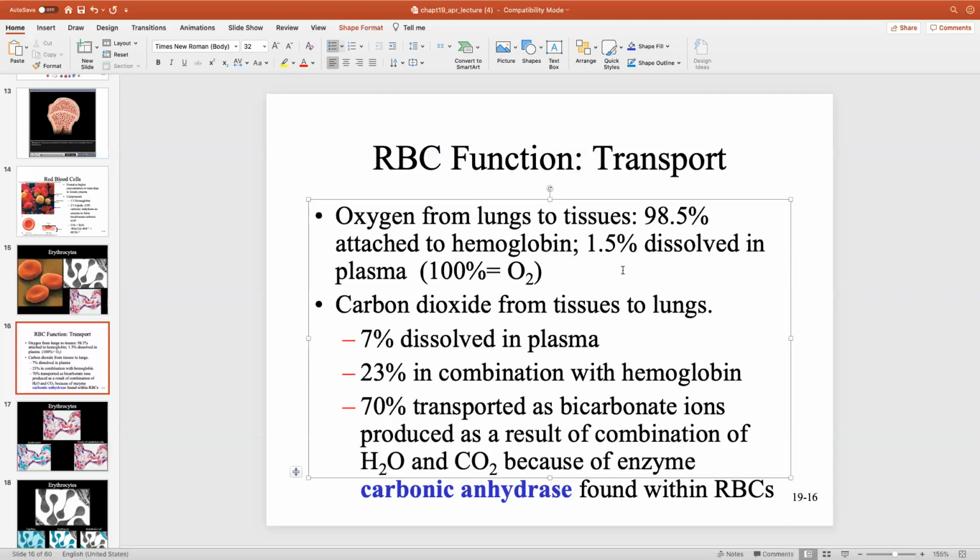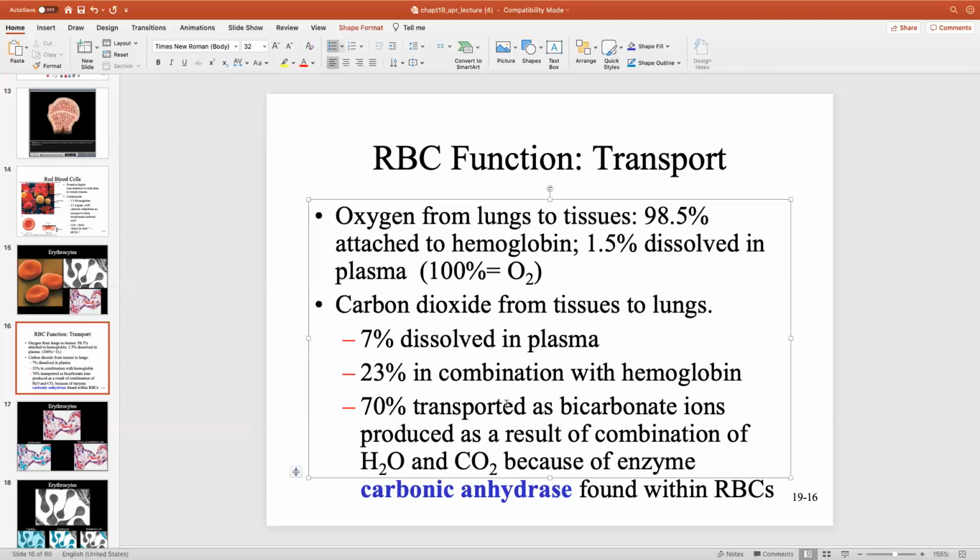But if you take a look, there's about 500% more carbon dioxide dissolved in plasma than oxygen dissolved in plasma. So 7% of the time, carbon dioxide is carried as a dissolved gas from our tissues, where we produce it, to where we release it in the lungs.